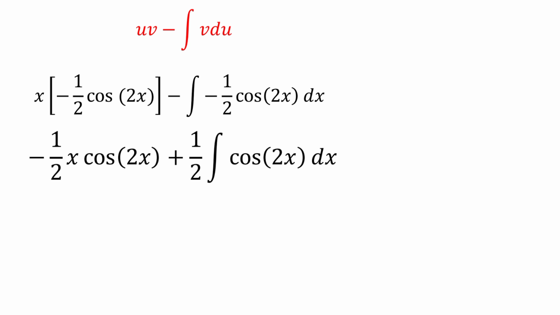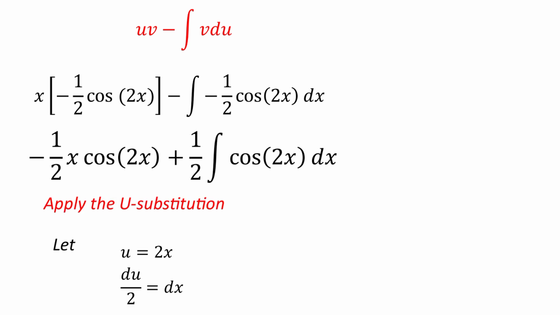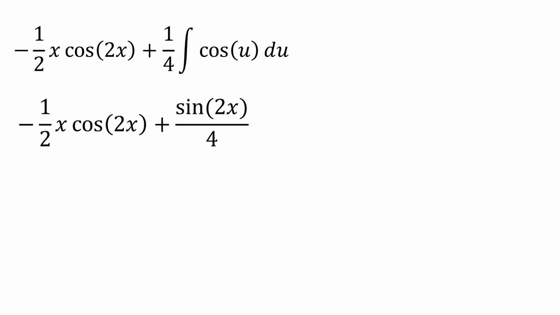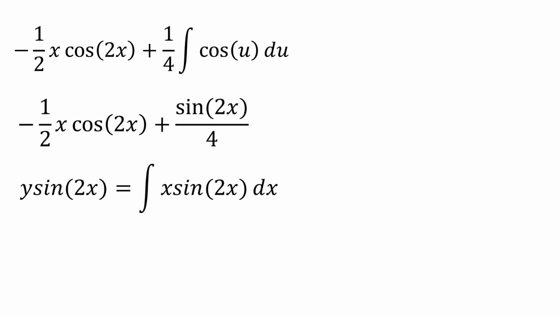And use substitution for the integral of cosine 2x dx. We have negative 1 half x cosine 2x plus sine 2x over 4. Here we just rewrite the given problem: y sine 2x is equal to the integral of x sine 2x dx.